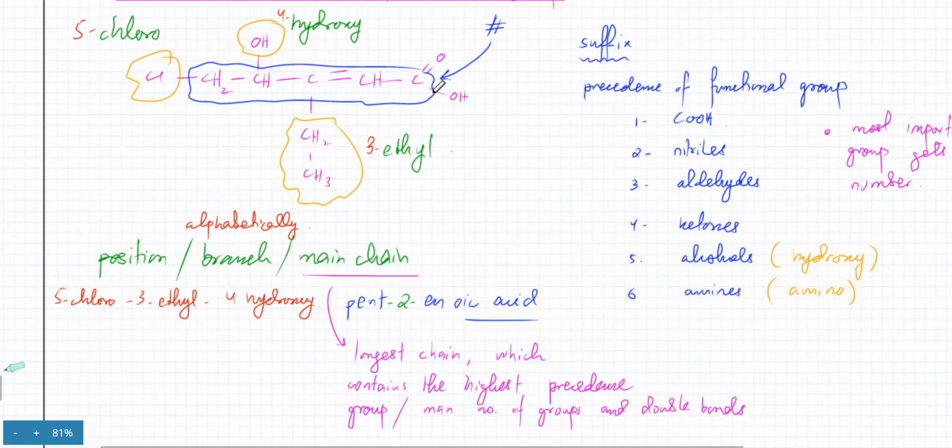The other thing is that all the rest of the groups that are attached become branches. There's a case that we have equal functional groups on 2 chains that we can consider as our main chains. What will we do then? Do we consider the number of carbon atoms?